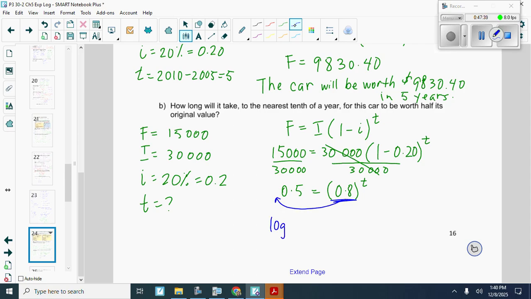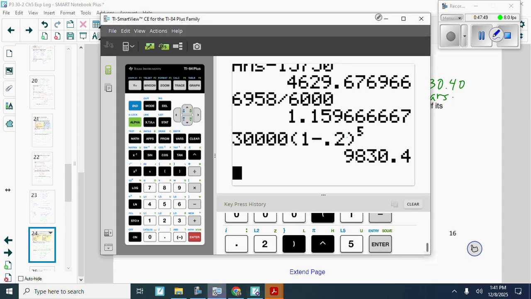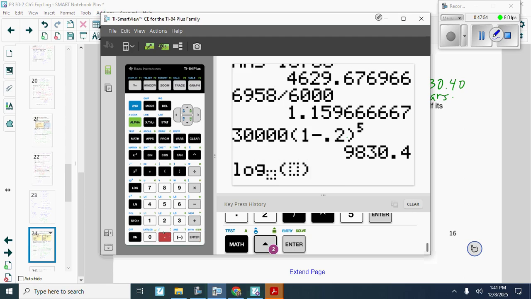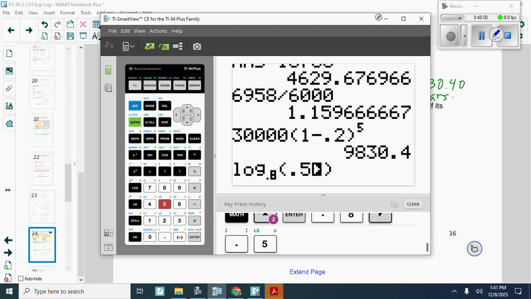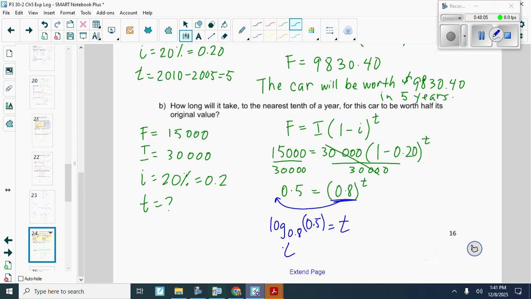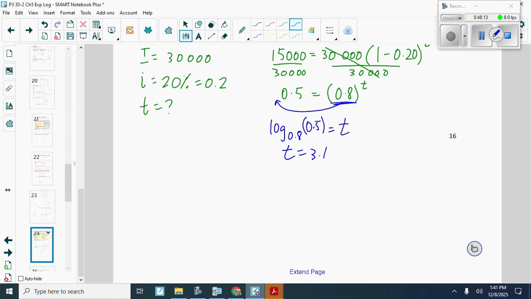So log base 0.8 of the argument will equal our t value. Let's head over to the calculator and do math, log base 0.8 of 0.5. That gives 3.1. So the car will be worth half of its value after 3.1 years.